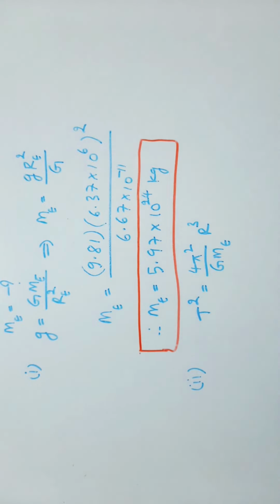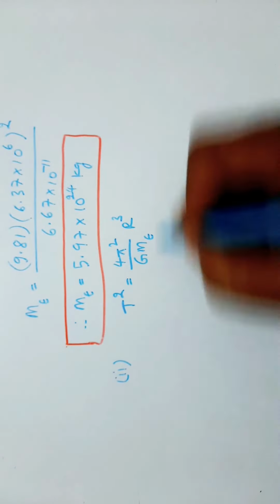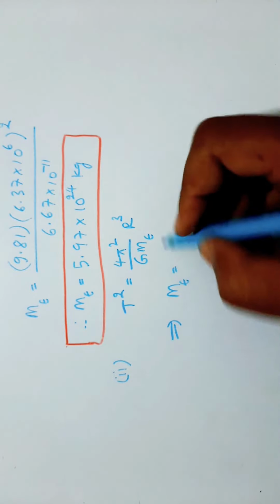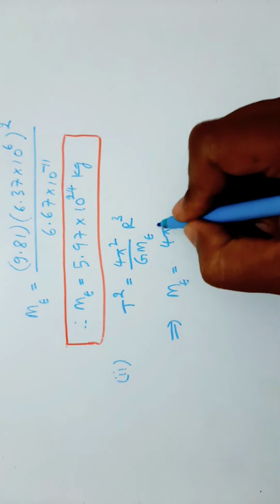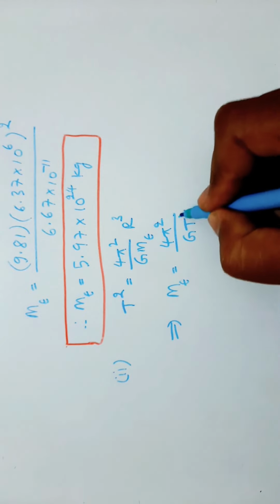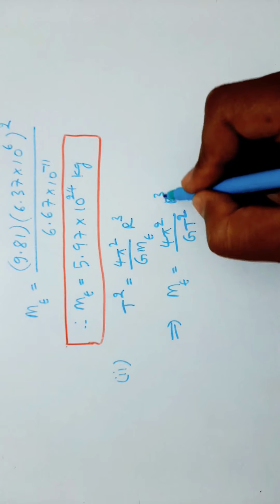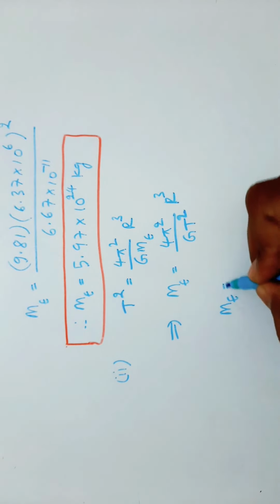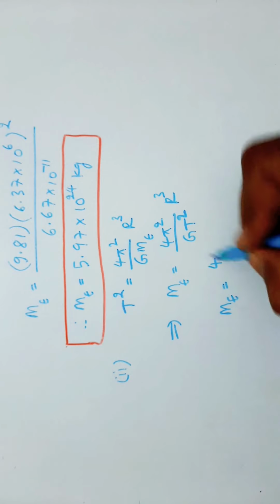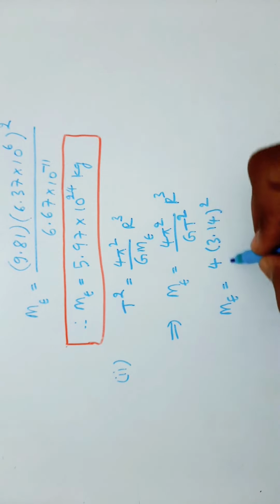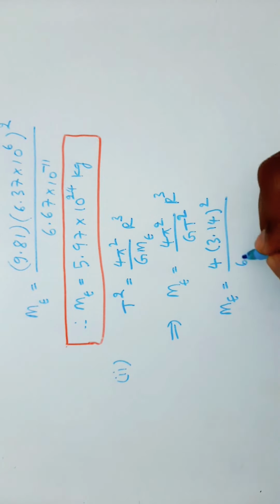So from this we can write mass of the earth ME is equal 4 pi square by G T square R cube. So here mass of the earth ME is equal 4, pi is equal 3.14 whole square by, here G is 6.67 into 10 to the power of minus 11.